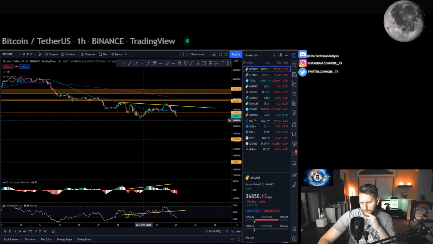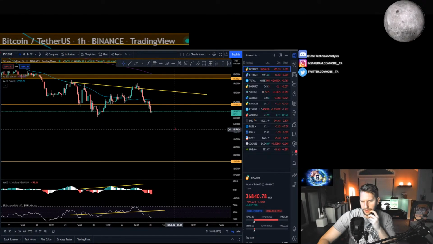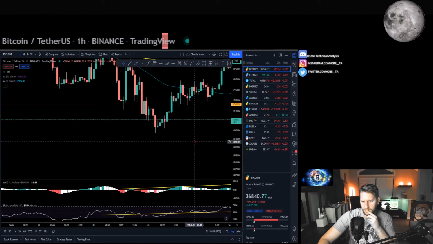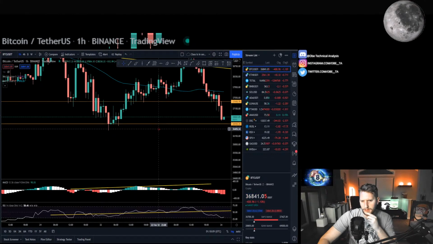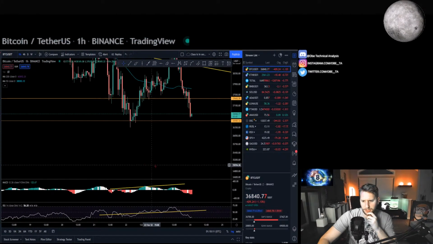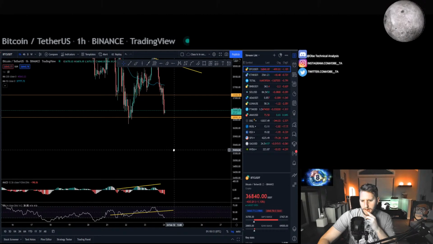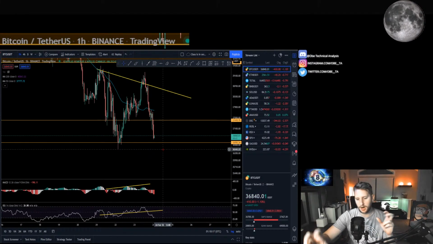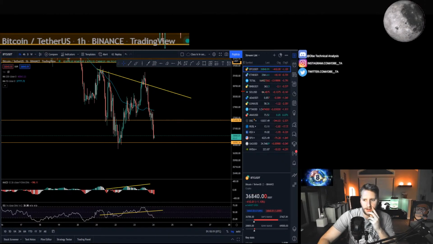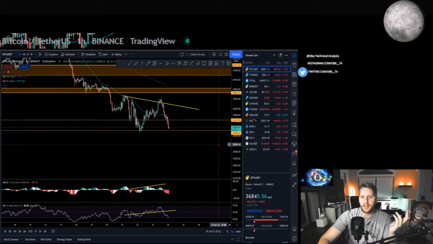One hour. Any body lower than 36,553, so any low lower than right here on the hourly time scale, will wipe out the potential for hidden bullish divergence on the hourly time frame, right? Whoop-de-doo, but we're trying to get anything we can at this point.